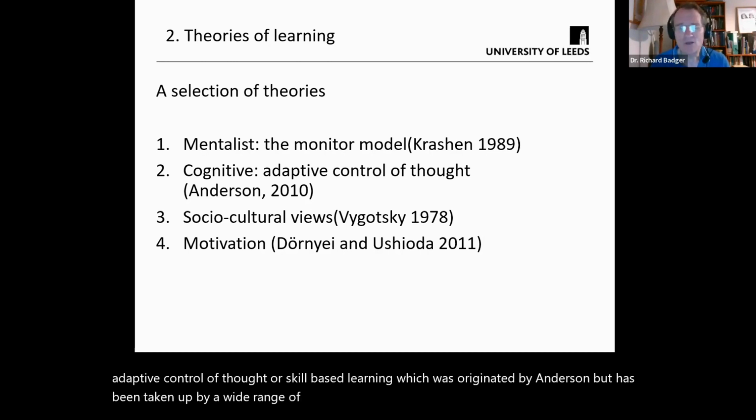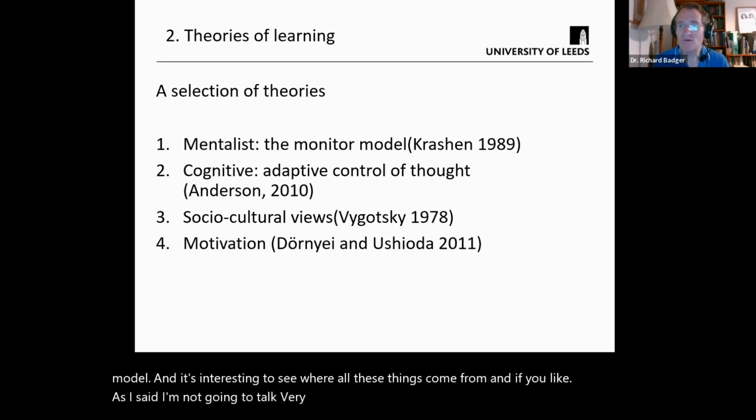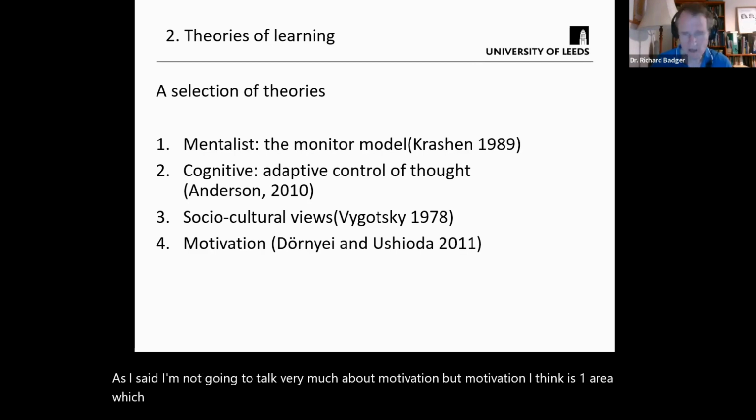And then thirdly, the socio-cultural Vygotskian model. And it's interesting to see where all these things come from. As I said, I'm not going to talk very much about motivation, but I think it is one area which we need to do quite a lot of work on.